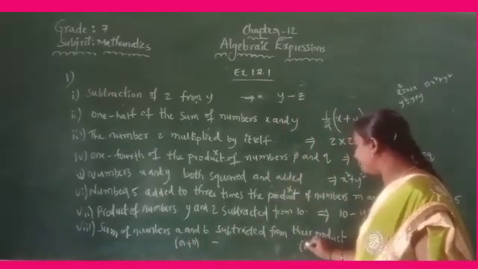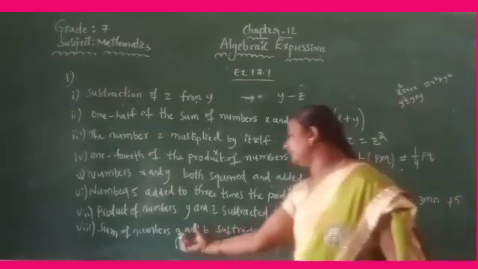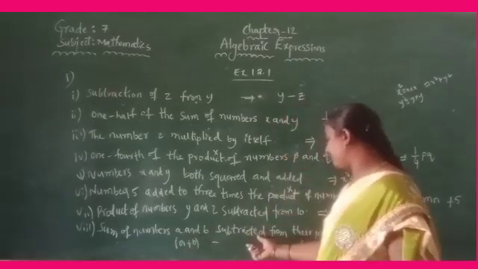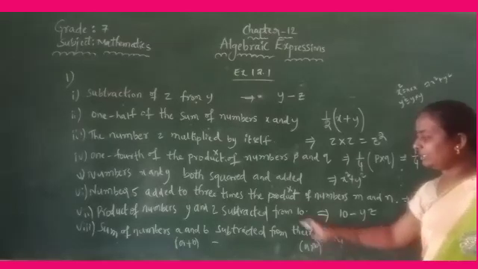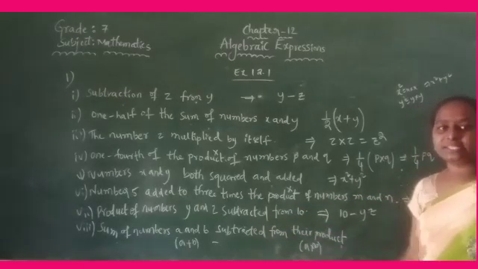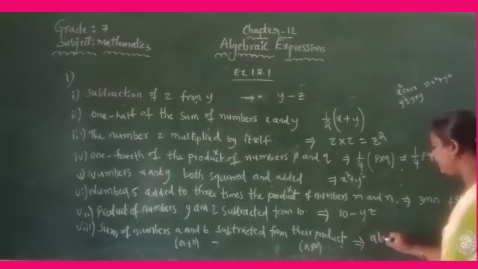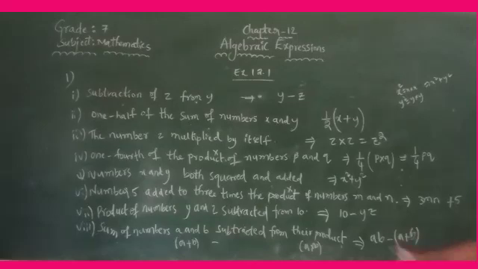Product of A and B, that is A into B. So the sum of A and B is subtracted from their product. From AB, which one is subtracted? Sum of A and B. So how to write the expression? AB minus (A plus B).